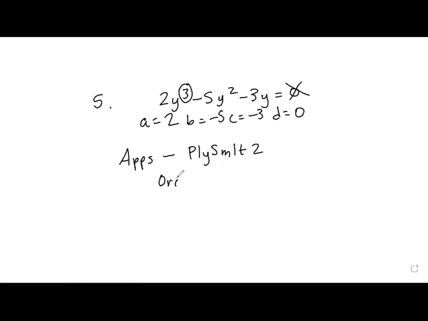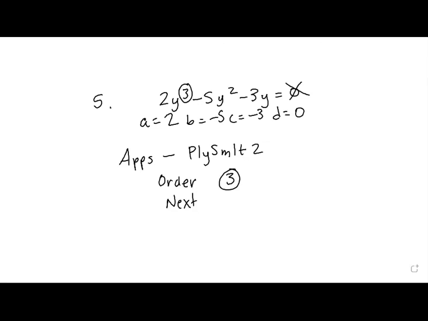There's a place where it says order. Well, this time we want the 3 to be highlighted because we've got a highest power of 3 there. We would hit next. And then you're going to want to type in your 2x to the third minus 5x squared minus 3x plus 0 and solve it. If you have a fat calculator, you're just typing in your A, B, C, and D. If you have a skinny calculator, you're having to type in your equation at this point, and then you get it to solve it for you.